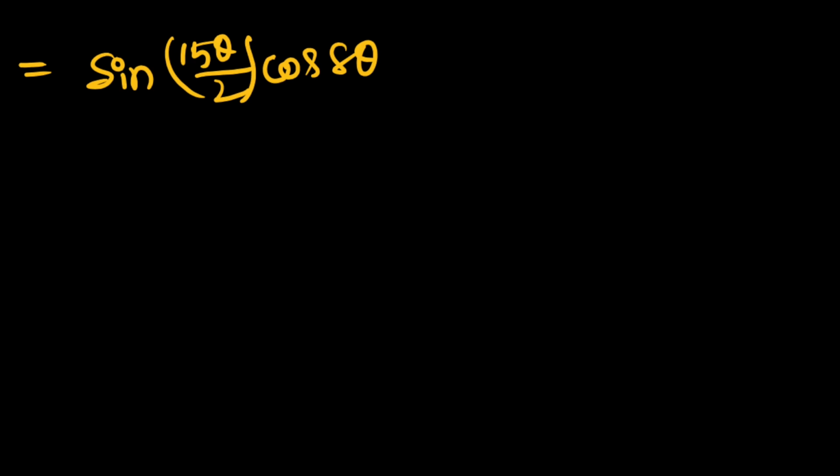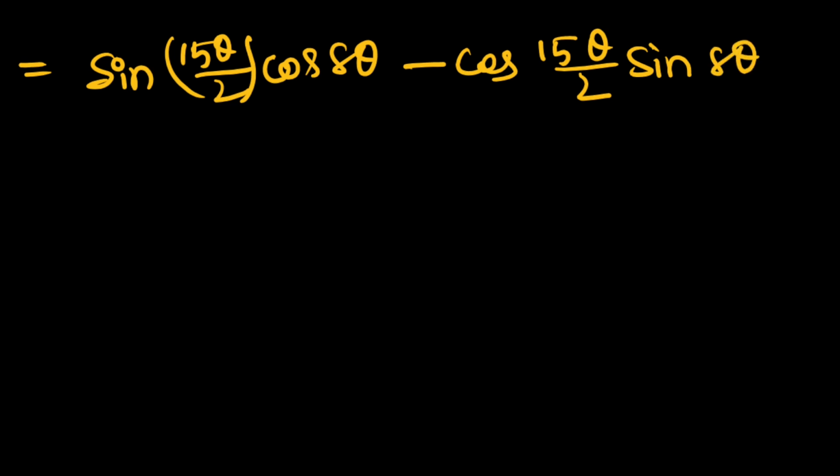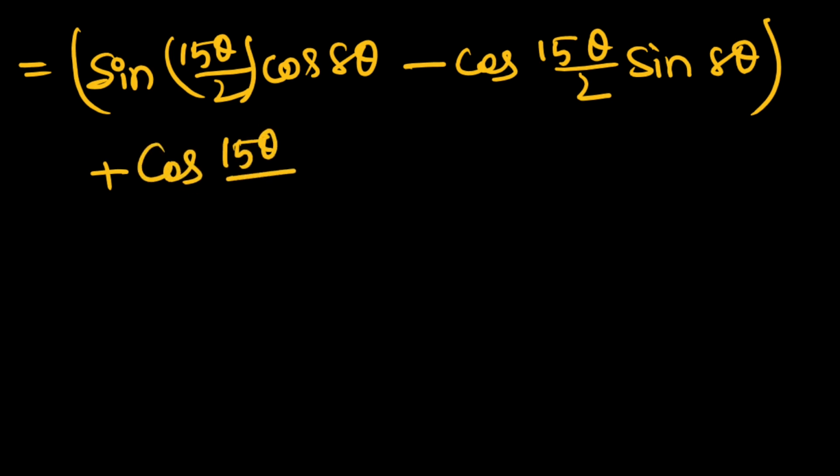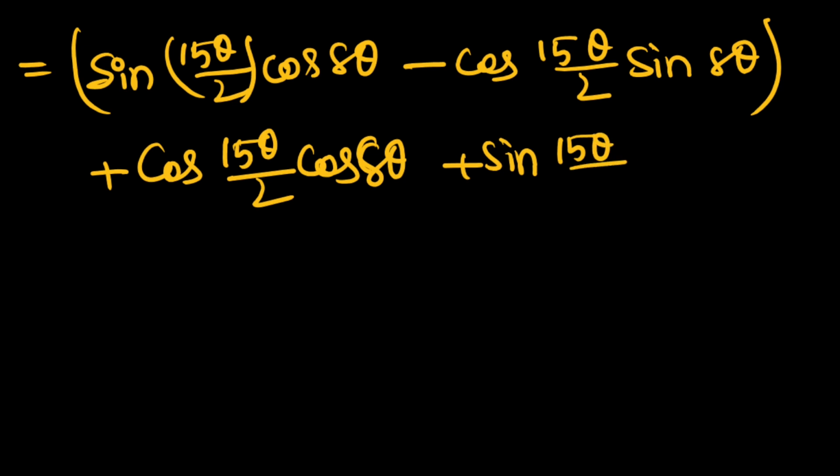So we rearrange: sin 15 theta over 2 cos 8 theta minus cos 15 theta over 2 sin 8 theta, which is the first and last terms, and then cos 15 theta over 2 cos 8 theta plus sin 15 theta over 2 sin 8 theta. Now we use two trigonometric identities.